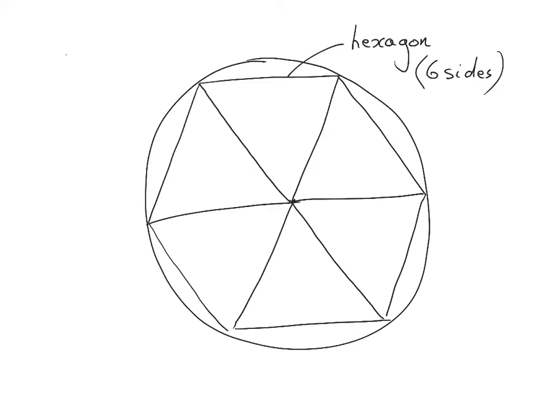Then we find 360 divided by 6 is 60 degrees. So each of these angles is 60. And in fact, each of these triangles is just like that, and it can be divided by 6.